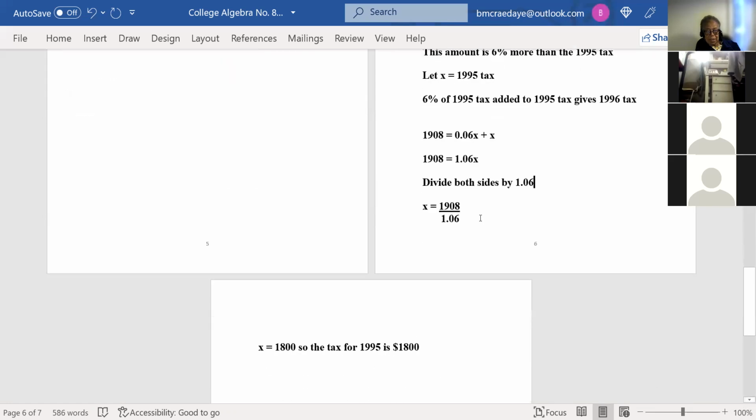So X is 1800. So that was the tax for 1995. And if you want to prove it, you can take the 6%, add it to the 1800, and you should get the 1908.